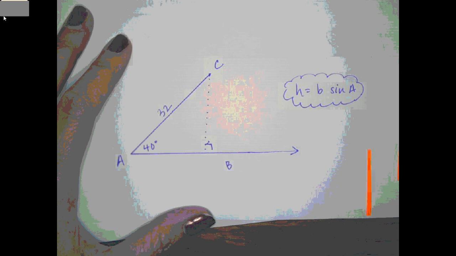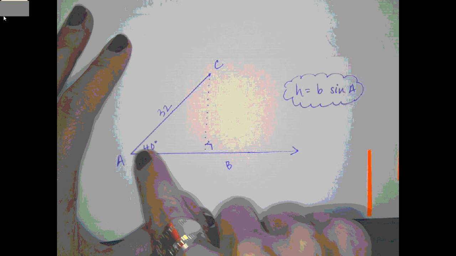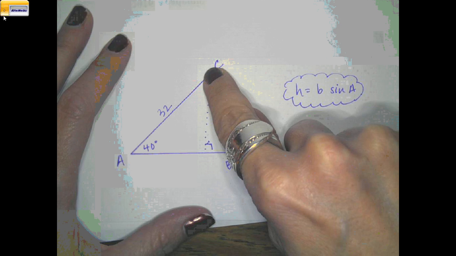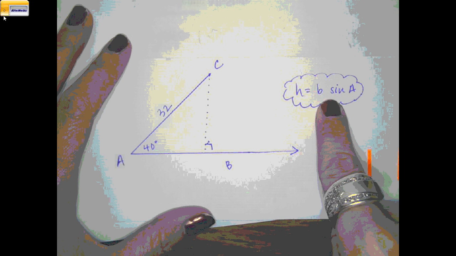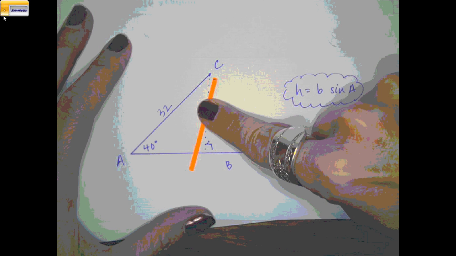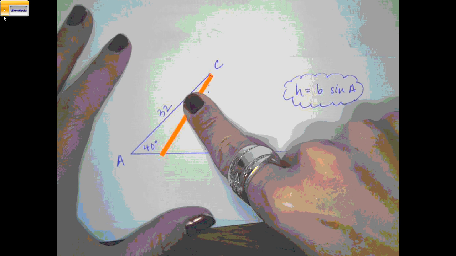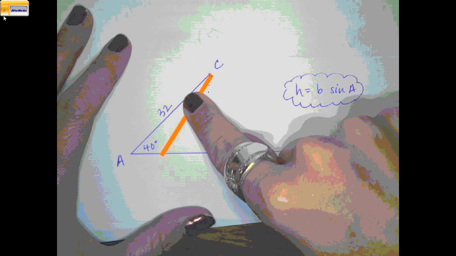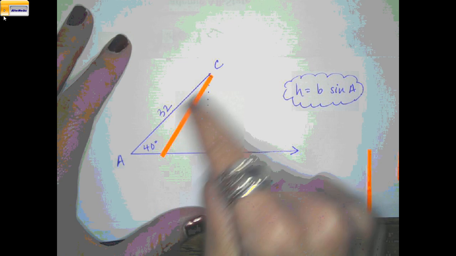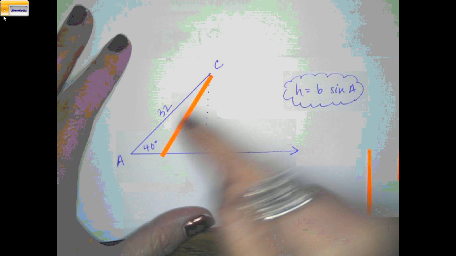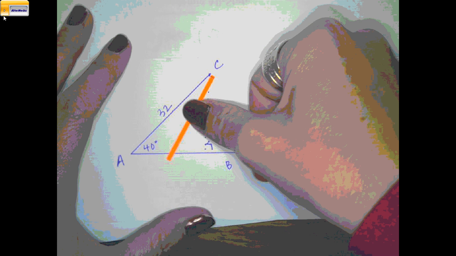Or what if the third side was shorter than 32, but longer than the height? Now think about this. How many triangles do you see now? One, right? Or, watch what happens. What if I swing this guy out this way?